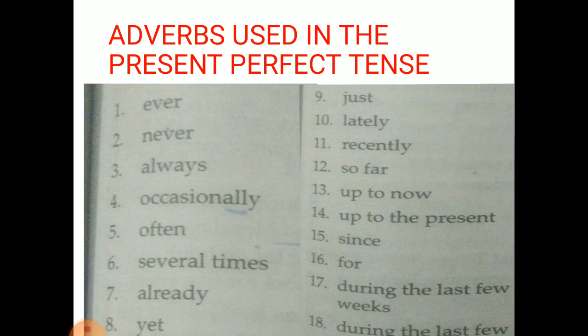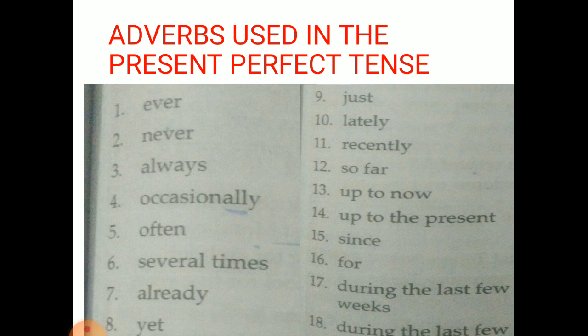Is it clear? So this is a difference between simple past and present perfect tense. And dear students, don't get confused with the usage of the words never, always, often, because these words are also used in simple present tense for repeated actions.